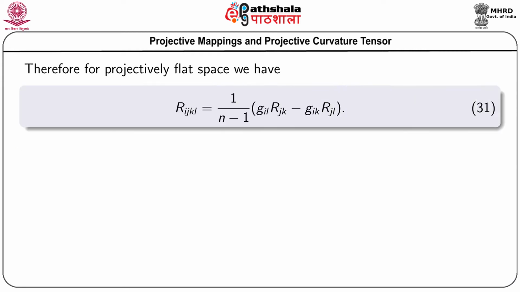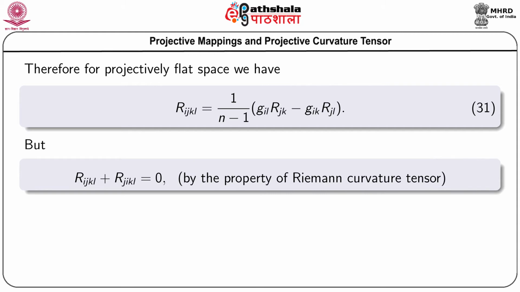Therefore, for a projectively flat space we have this expression: R_ijkl equals 1 by n minus 1 (g_il R_jk minus g_ik R_jl), since W_ijkl equals 0.